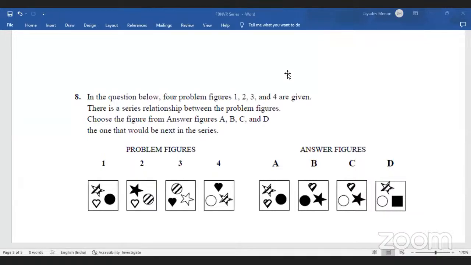Very good, Marita, Varsha. Option C is correct. If you are looking at the problem figures, in each figure, we have three shapes with three different shadings. In the answer figures, only option C has three different shapes with three different shadings.